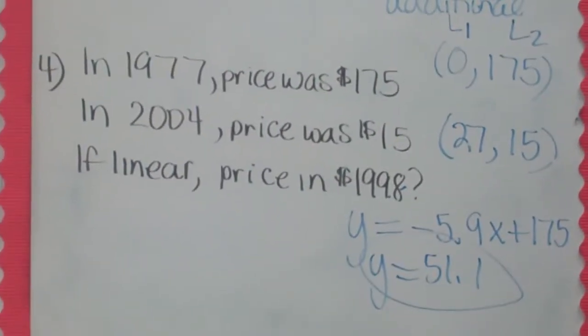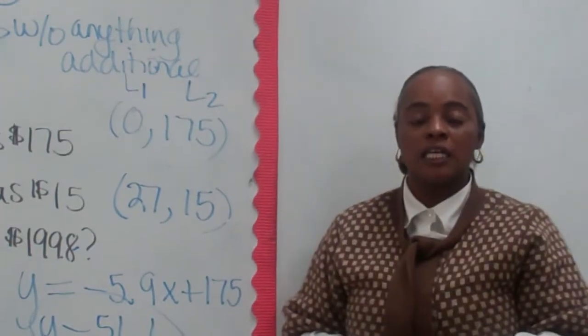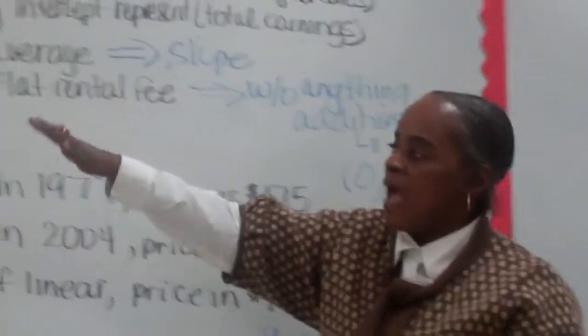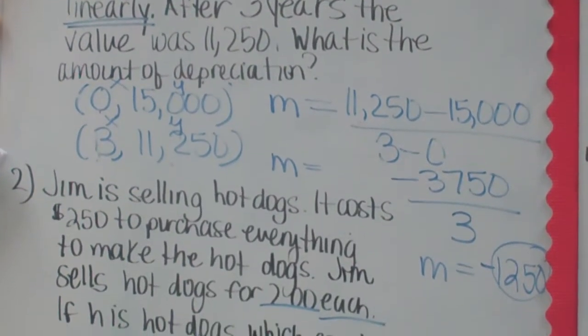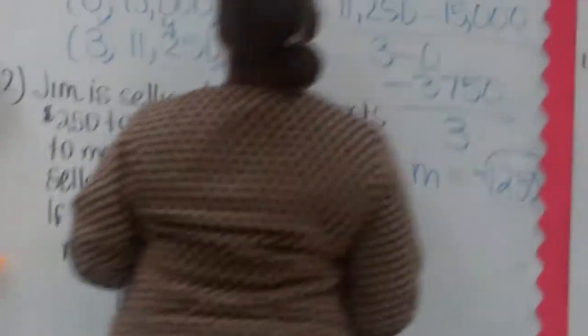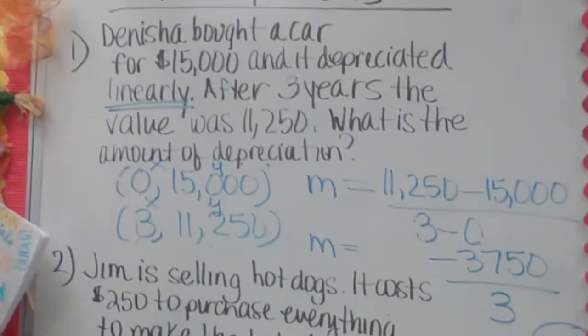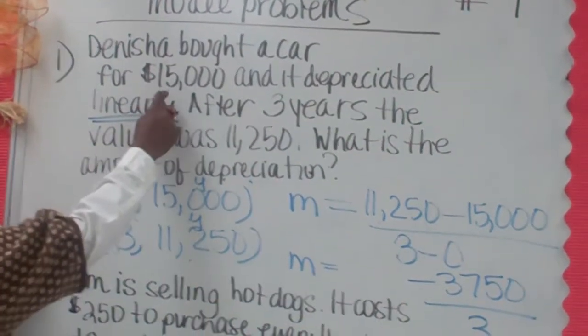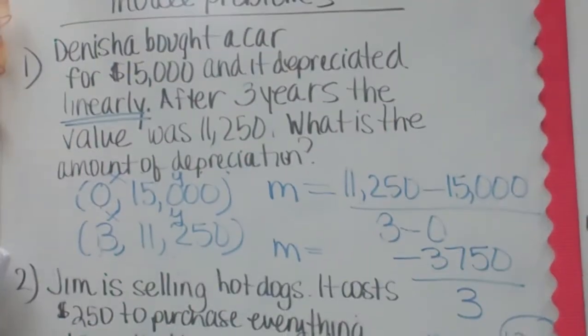My suggestion in this one is not to do additional problems. My suggestion in the linear video is that you go back to the original problems that you see, pause the tape, change the numbers, and rework the problems. For example, this time, let's say that Denisha bought a 300, and you make this 36,000, and 3 years later, it's 25.